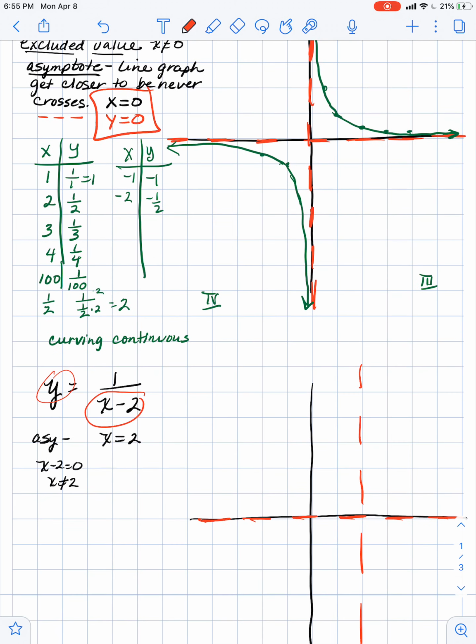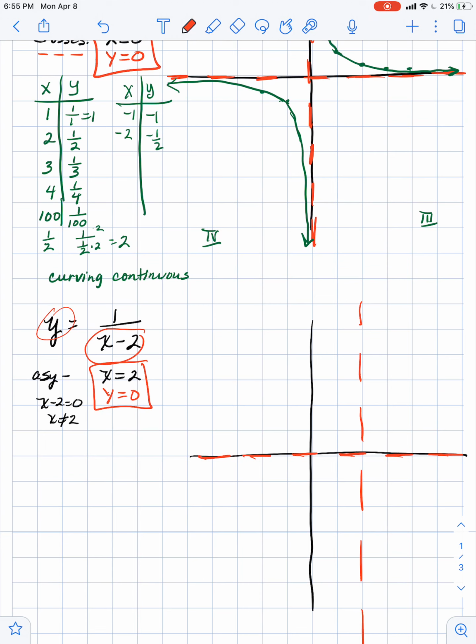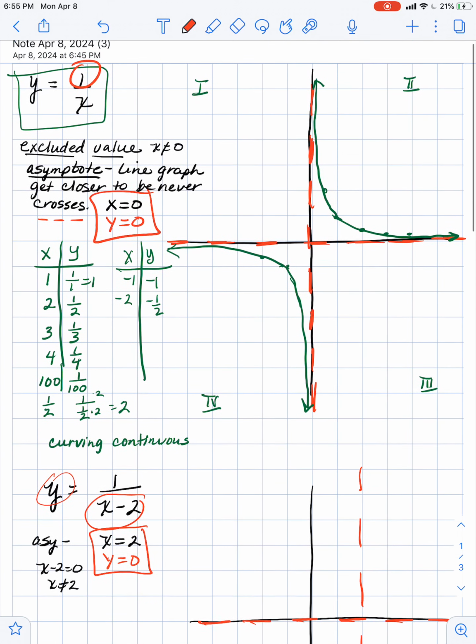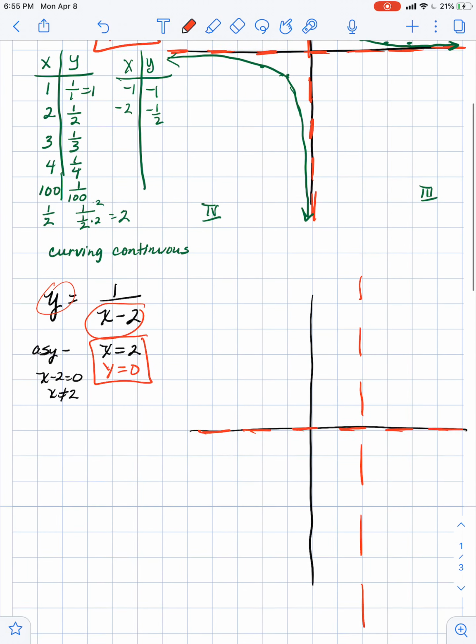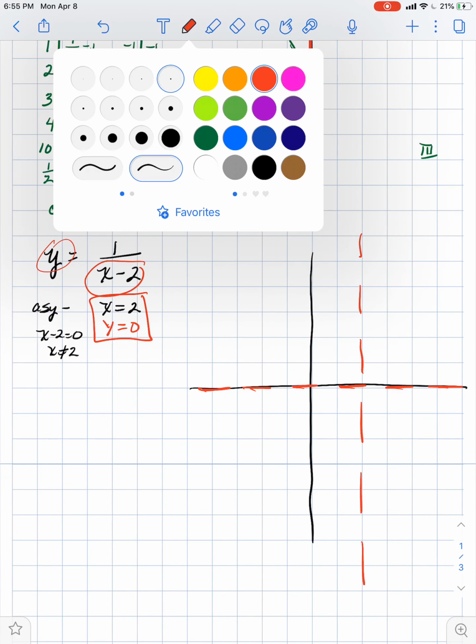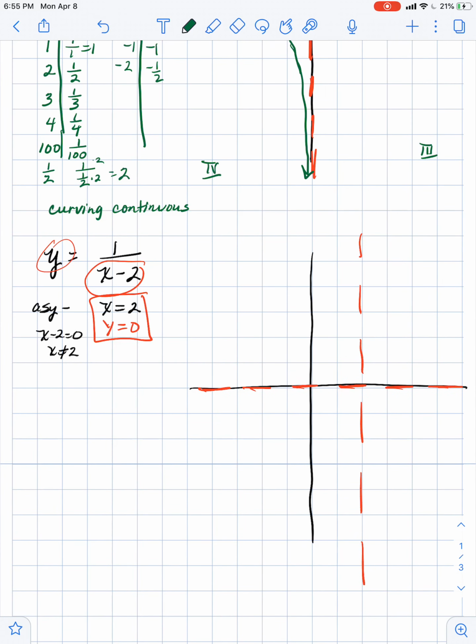So in this case, it's x equals 2 and y equals 0. I could do a t-table and put it in, but if you notice, I didn't change a lot of stuff. I just shifted it. So really all I would expect you to do is to know it's still going to sit at the 1, 1 and the 1, 1. And I'm just going to sketch that in.